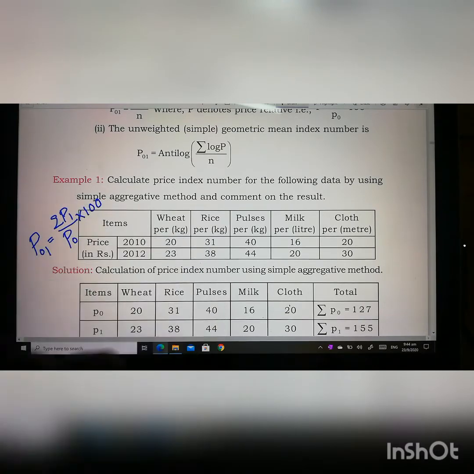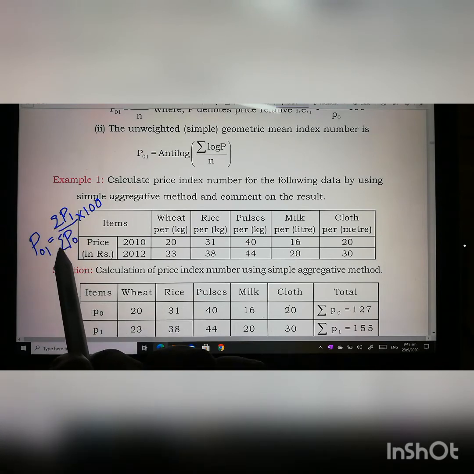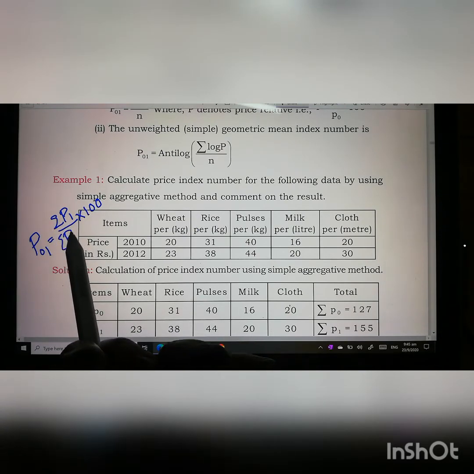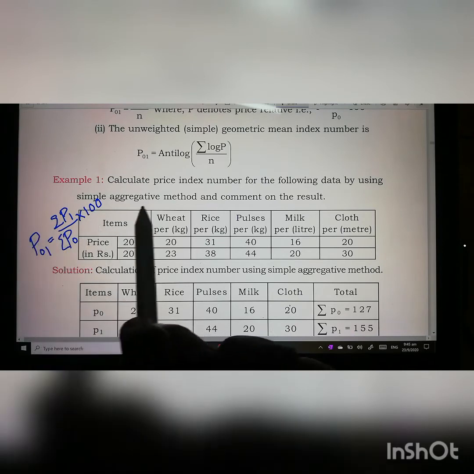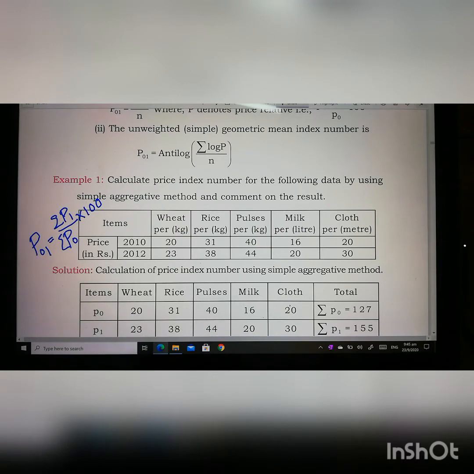That is, the sum of all the current year prices divided by the sum of all base year prices into 100. This is all about price index number, so we always relate to price.